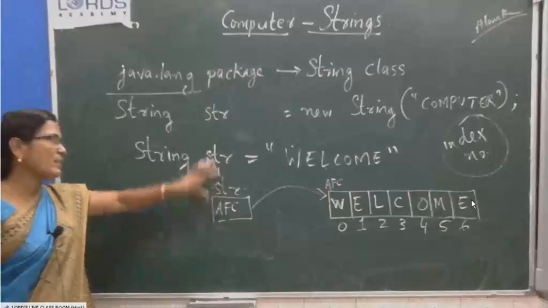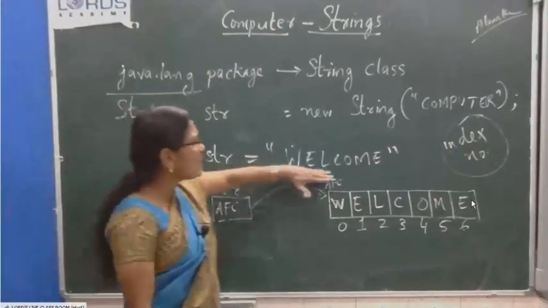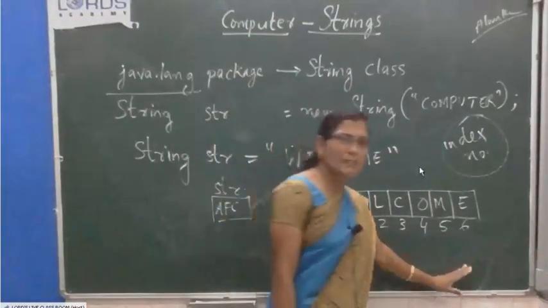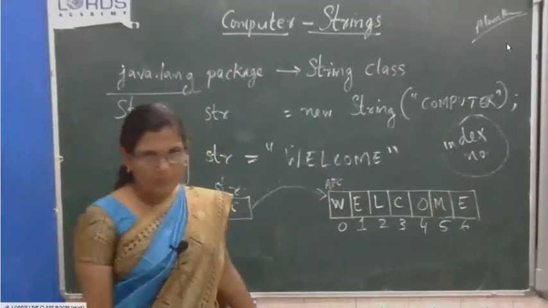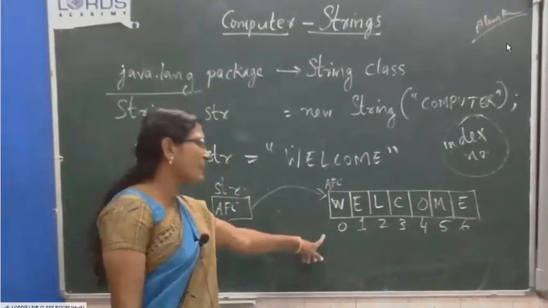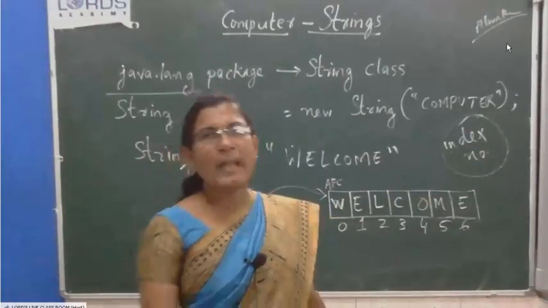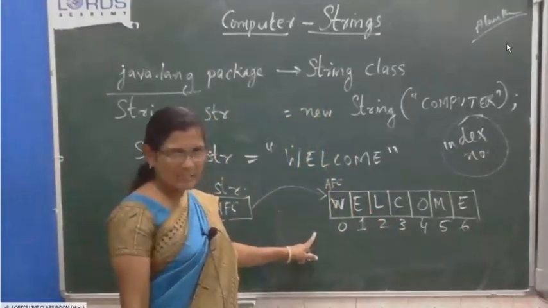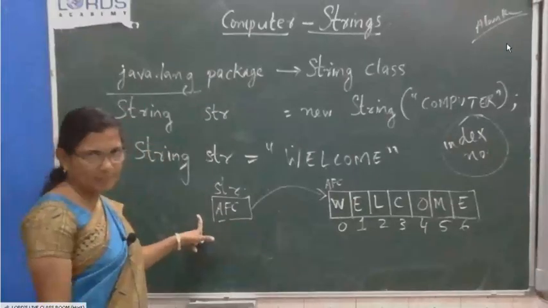A reference variable of string type will be created, and according to the number of characters in the given string, continuous memory locations will be reserved. In each storage location, one character will be stored. To identify each storage location, a unique number will be allotted for each location starting from 0 continuously. And its starting address will be stored in str.